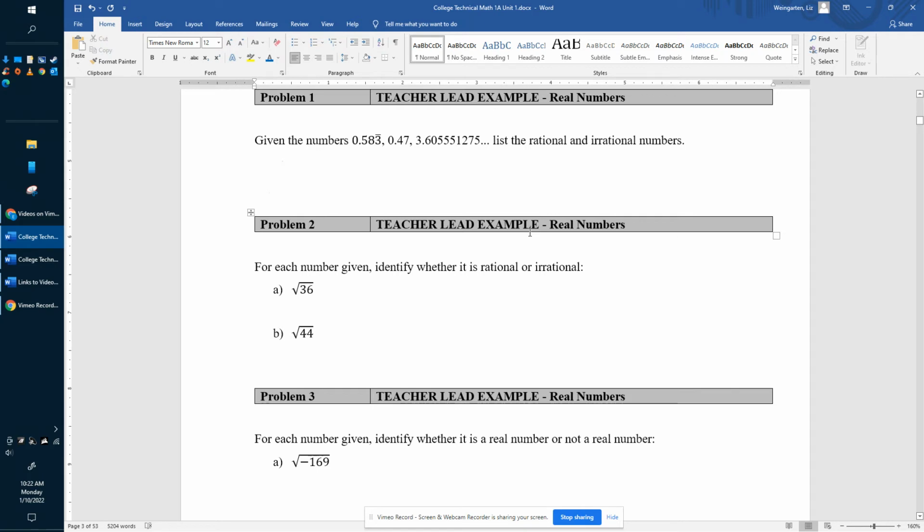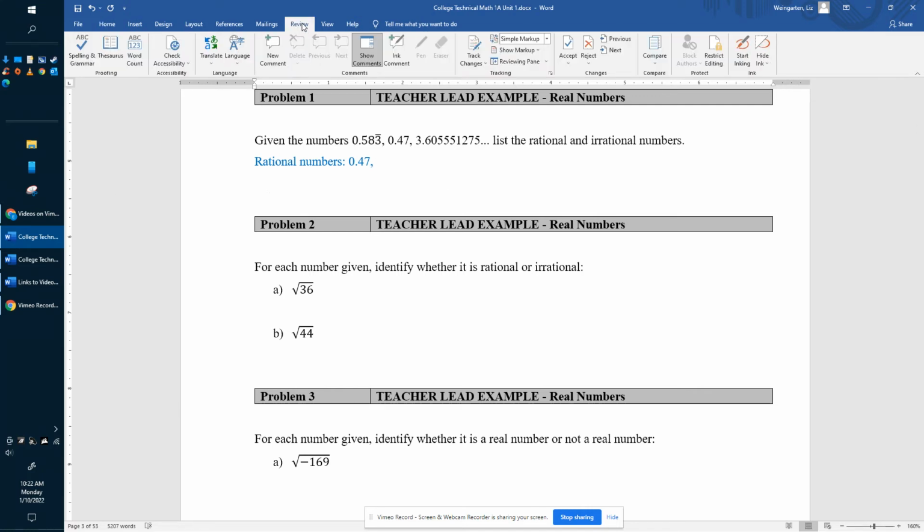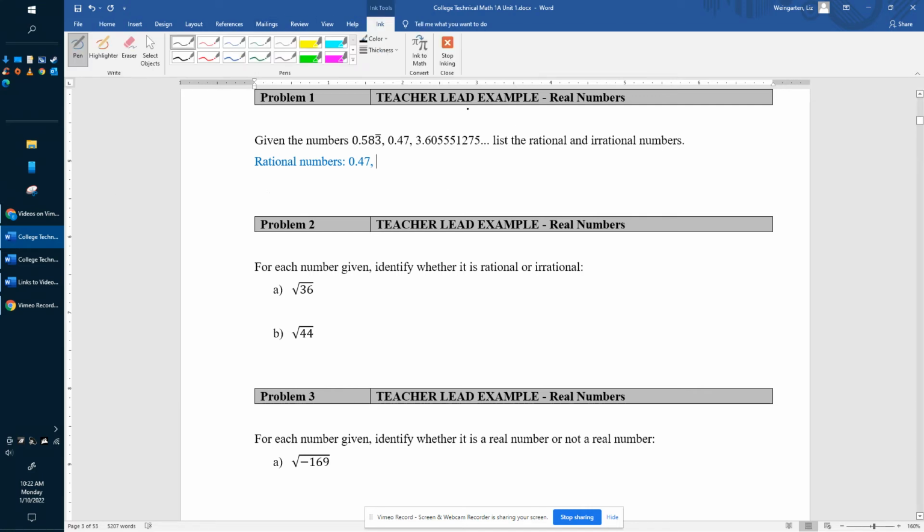So we can see the rational numbers, as we said before, are the numbers that have finite decimals. So this one right here has a finite number of decimal places. It only has 2 numbers in it. So we're going to just type 0.47 because it is a rational number. And then we also have a repeating decimal here, right? So we're going to add that one in too.